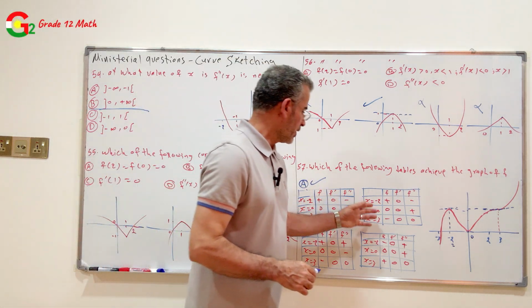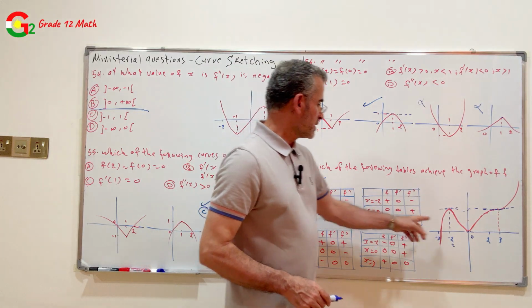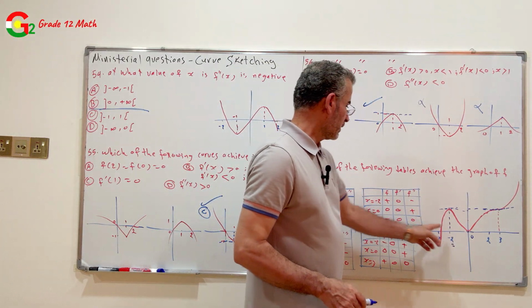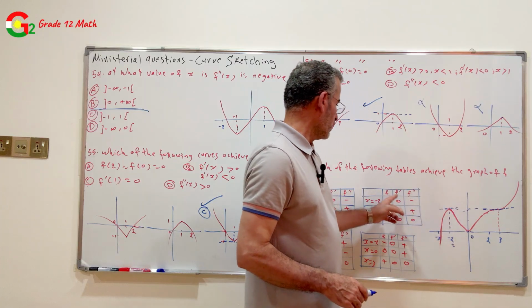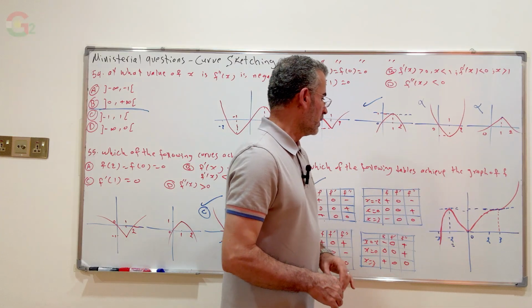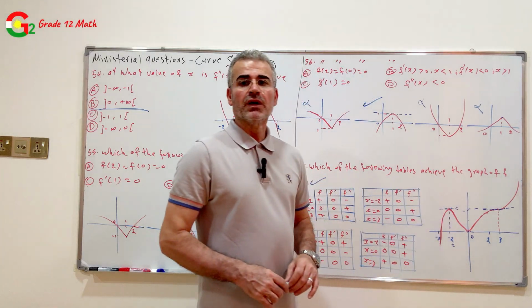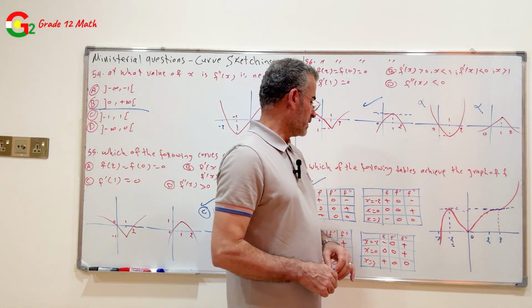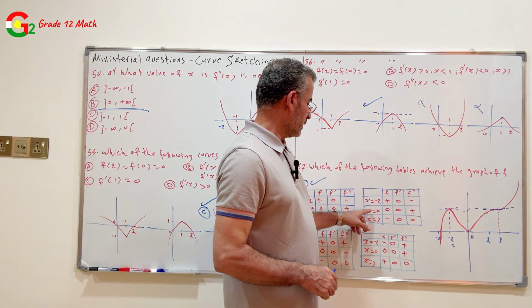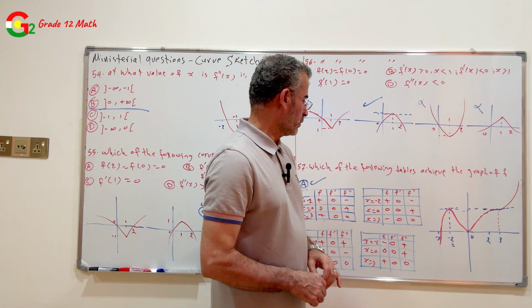Let us check B. At x equals negative 1, f is positive. At x equals negative 2, f is positive, true. F prime is 0, it is also true. It is a critical value. F double prime is negative since the graph is convex, also true. At x equals 0, f is 0, and 0, 0 belongs to the graph.